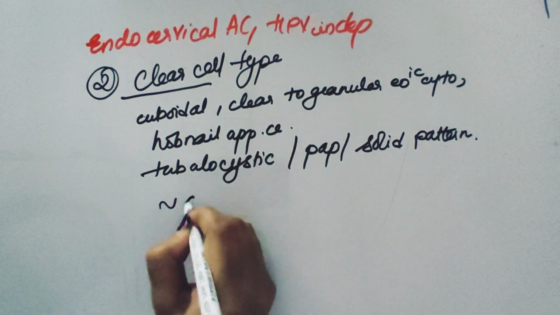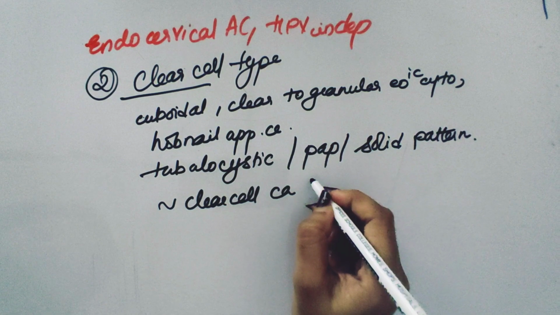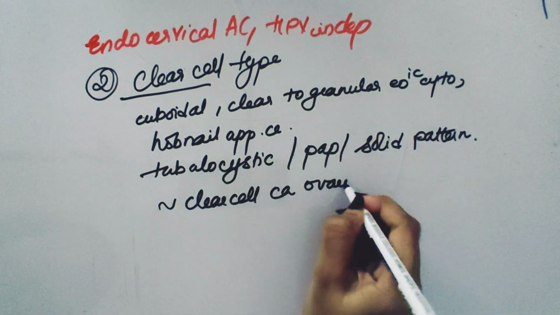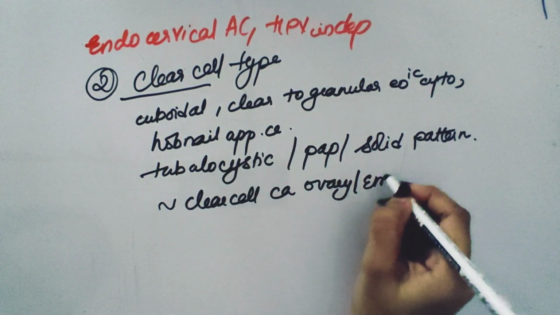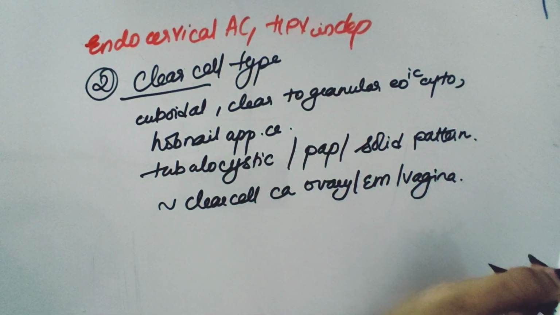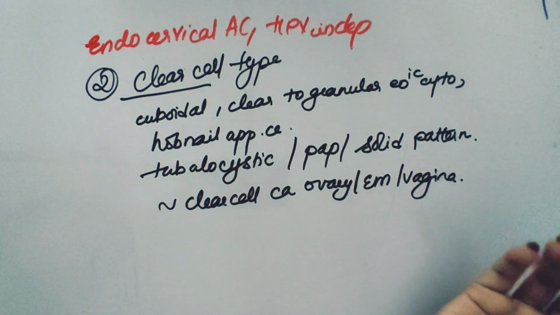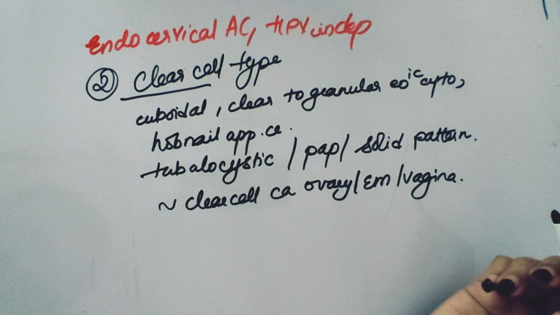And they are similar to the clear cell carcinomas that you see in other parts of the FGT, that is in the ovary, endometrium or vagina. And it is also seen that people who have cervical clear cell carcinoma can have associated clear cell carcinomas in the other parts of the FGT.